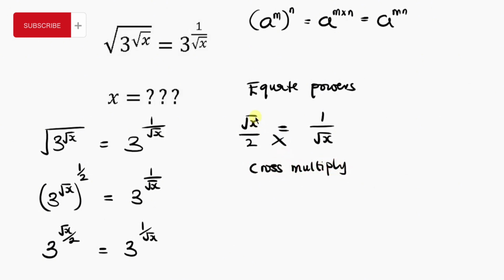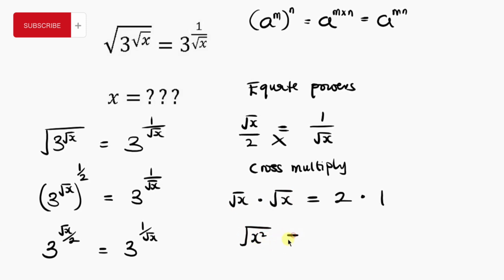So this square root of x will cross to multiply this square root of x here. So square root of x will be multiplying square root of x, equal to this 2 will cross to multiply 1. So 2 will be multiplying 1. So square root of x times square root of x will give you square root of x squared, right?